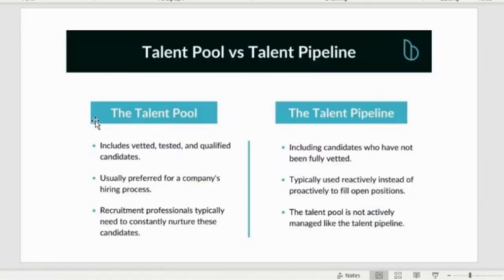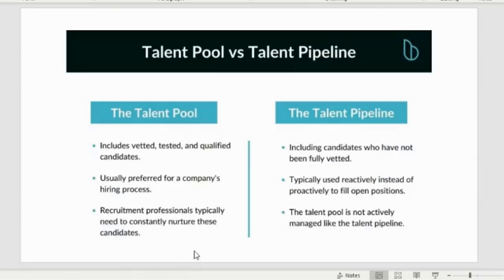Now, here we see the difference between what a talent pool is and what a talent pipeline is. For the talent pool, this includes your vetted, tested, qualified candidates, both internal and external. It's usually preferred for a company's hiring process.